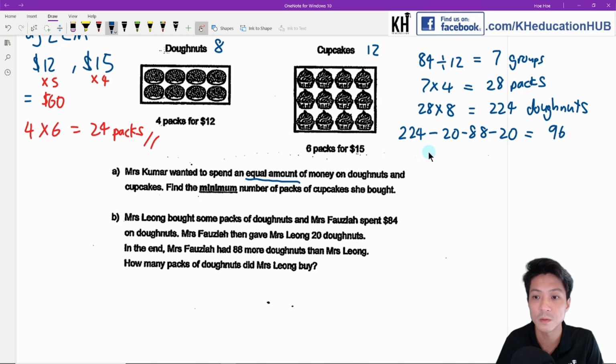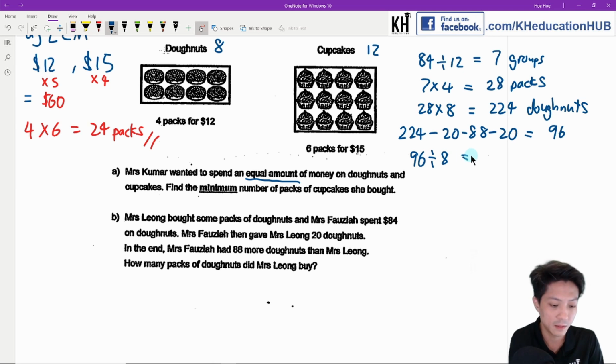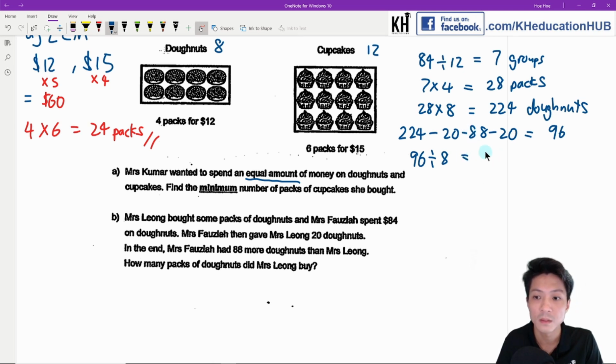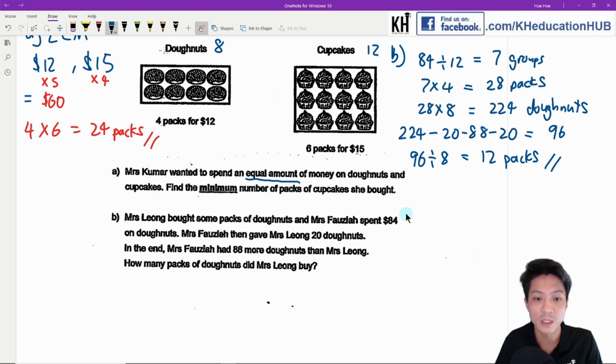This means that Mrs. Leong bought 96 donuts. How many packs of donuts did Mrs. Leong buy? So 96 divided by 8 is 12 packs. This is the answer for part B.